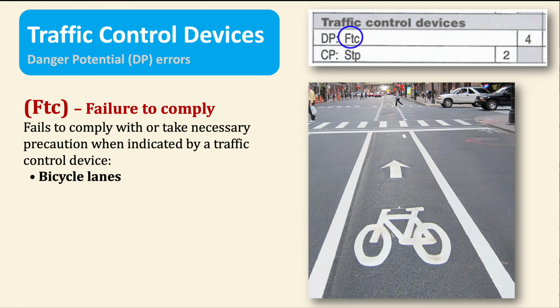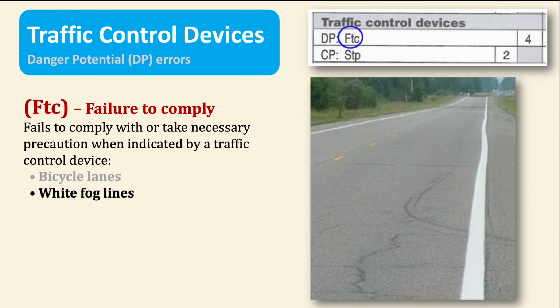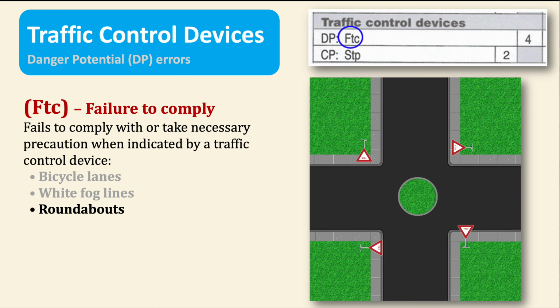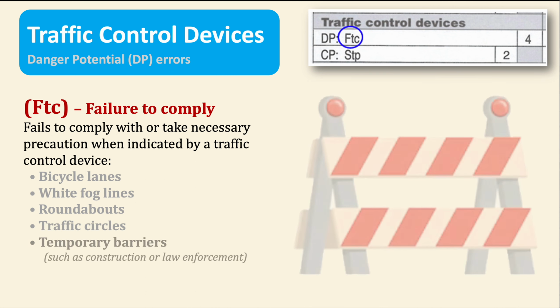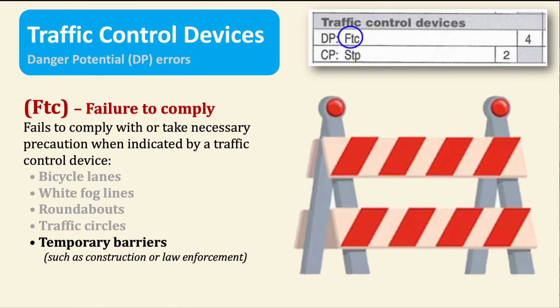This one's pretty common if you've got bicycle lanes on your route. The white fog lines, also fairly common. Roundabouts, if they exist on your route. Traffic circles. And temporary barriers put up by construction or law enforcement.